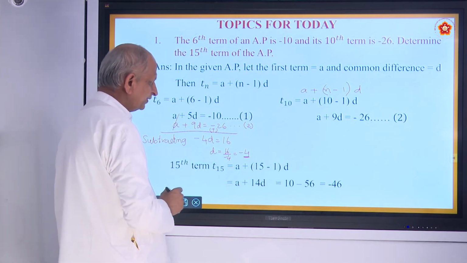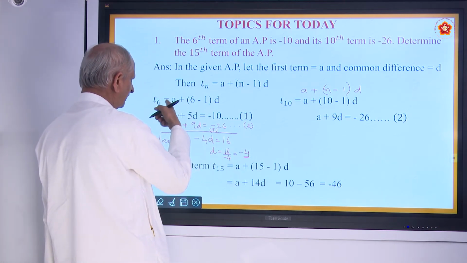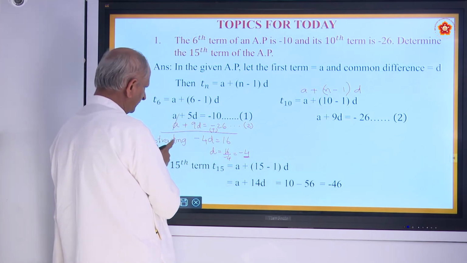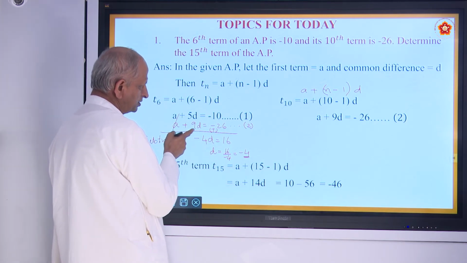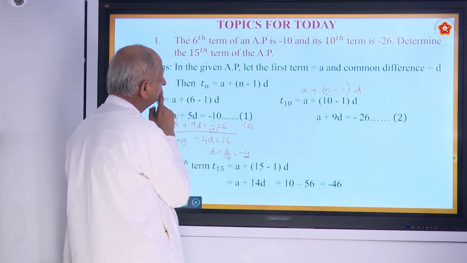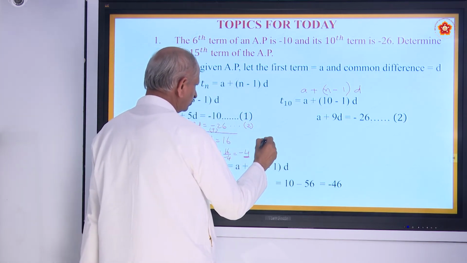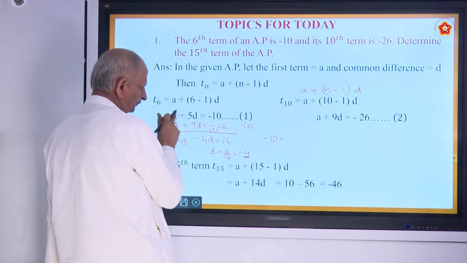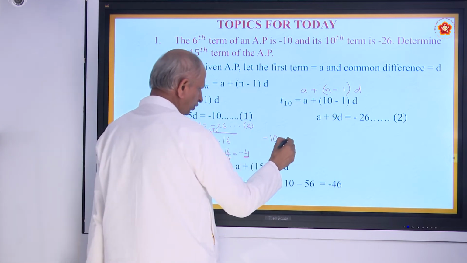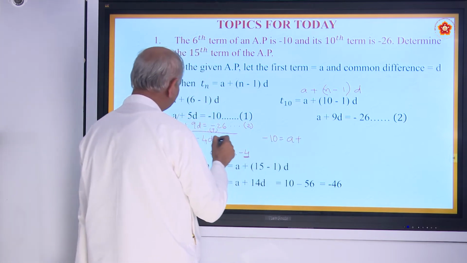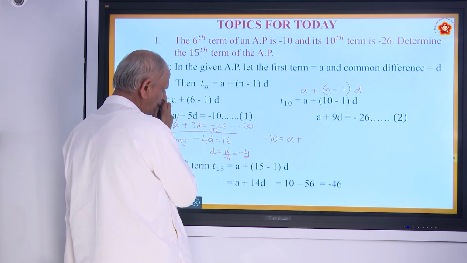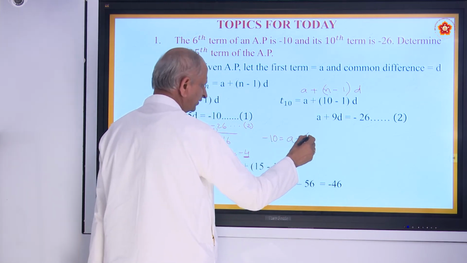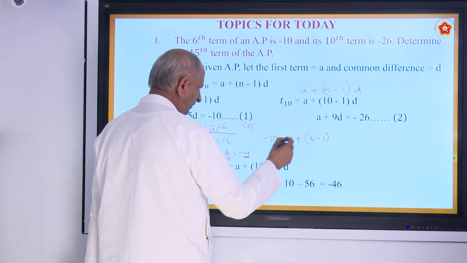Apply that in the equation given. Minus 4 you apply here. T6 is given to be minus 10, no. So minus 10 is equal to A, don't know, plus N minus 1 into D. N minus 1, N is how much? 6 minus 1 into D how much?